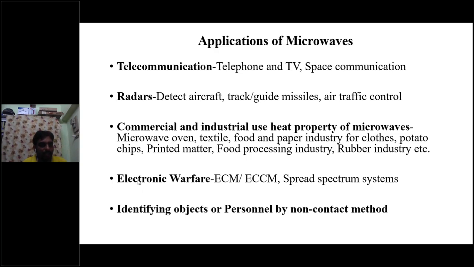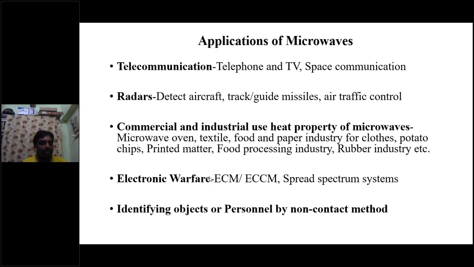And next, another important application of microwaves nowadays is electronic warfare, which is nothing but ECM/ECCM, meaning electronic countermeasures and electronic counter-countermeasures. This is used at present for the problems we are facing from towers. We are producing a lot of radiation.